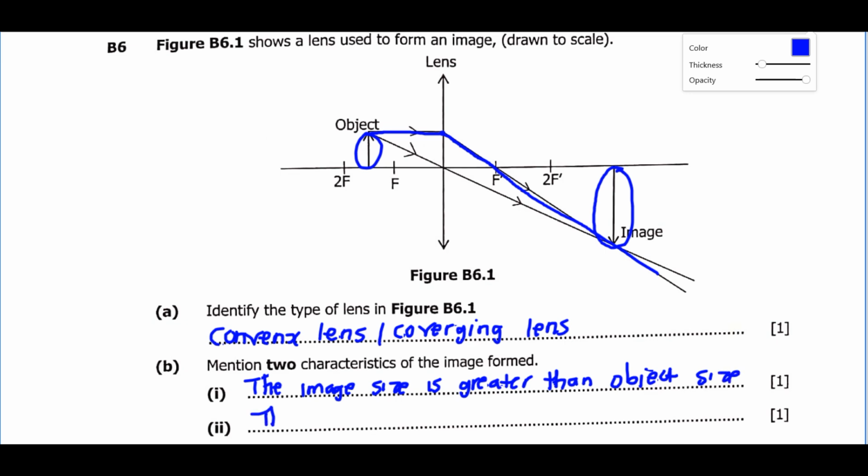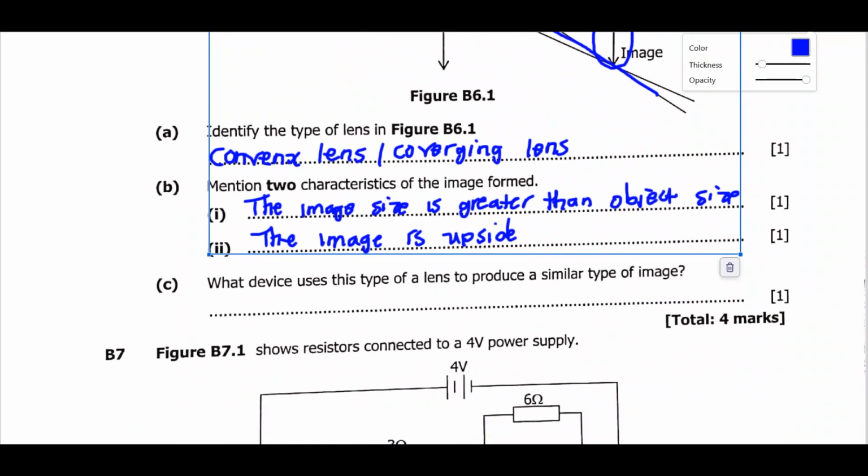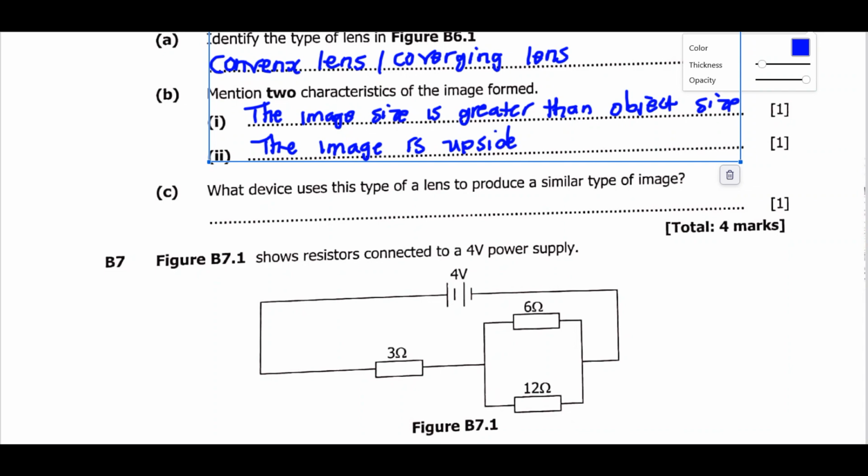Then the image is upside down, facing downward. You can also look at the distance of the image: di is greater than the distance of the object, do. Another point is that the image is formed beyond 2f, to the right side. There are so many characteristics, so if you want this topic, you can just search for it. I have it as a topic.